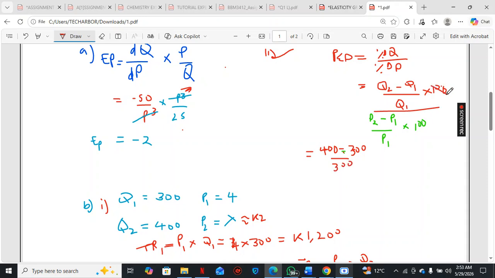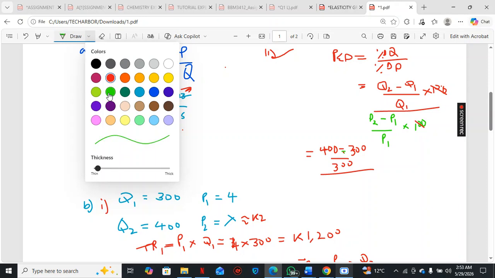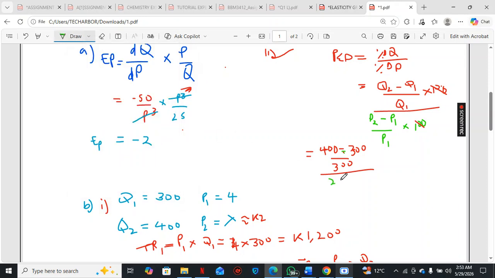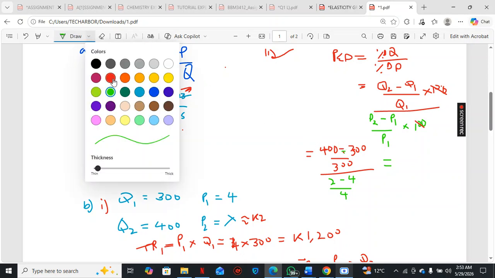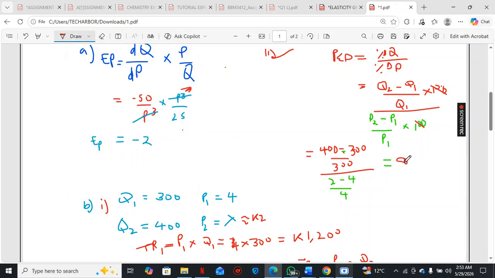Now we can cancel out these hundreds here. Then the percent change in price: the new price, 2 kwacha, minus the old price, 4 kwacha, over the old price of 4 kwacha. In our numerator, 400 minus 300 is 100. 100 divided by 300 is 0.333.